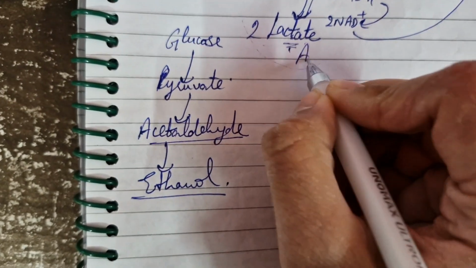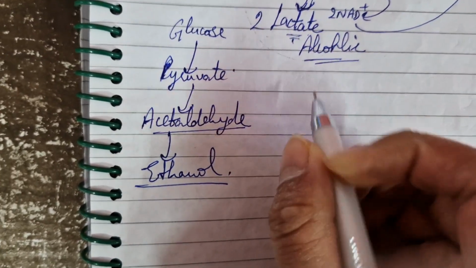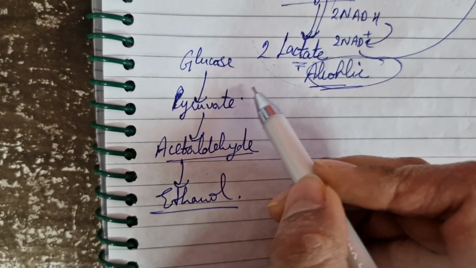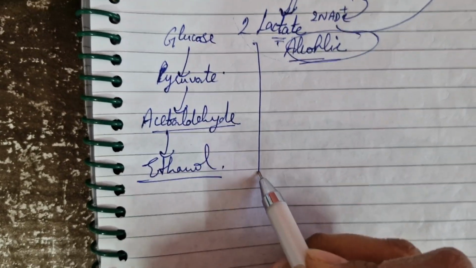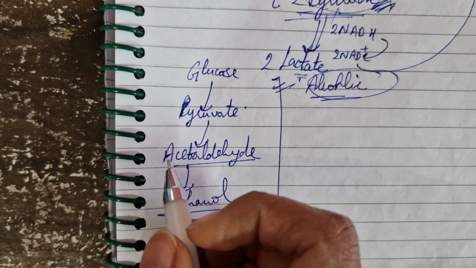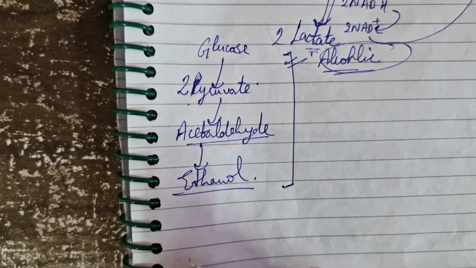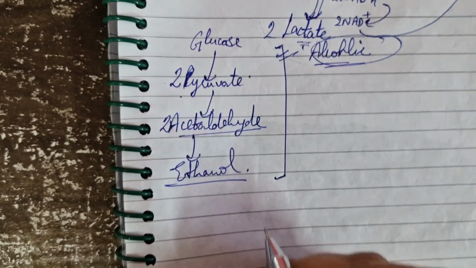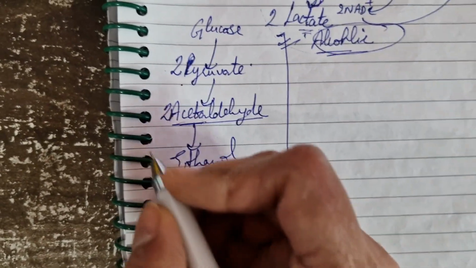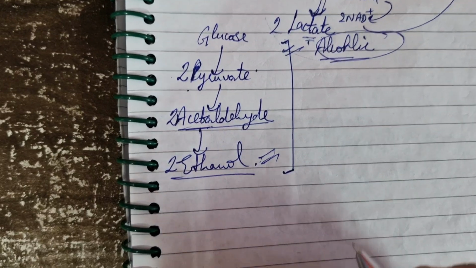In the case of alcoholic fermentation, this process is followed with the only difference that here 2 molecules of pyruvate give 2 molecules of acetaldehyde and hence 2 molecules of ethanol.